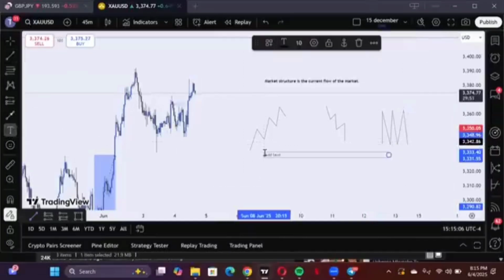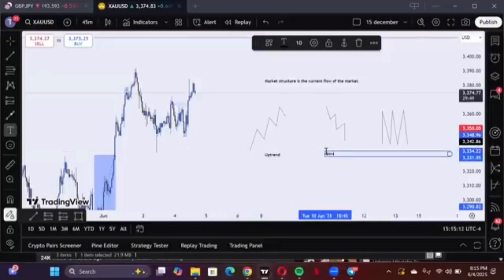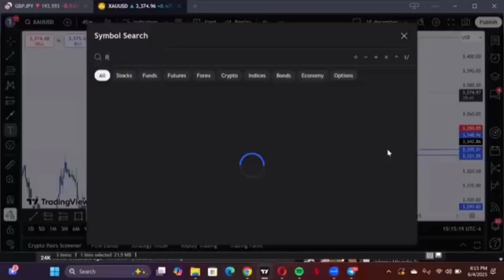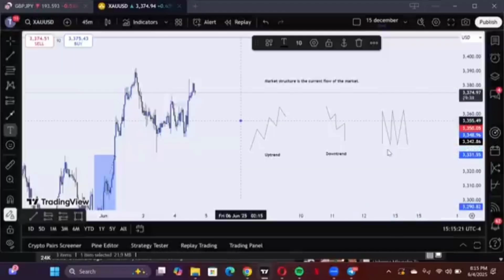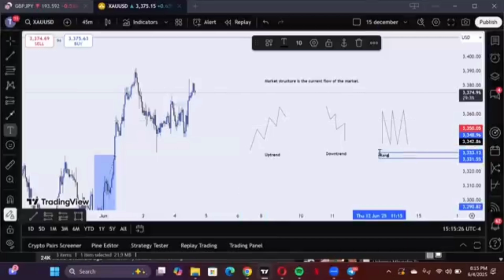Either it's on an uptrend, or it's on a downtrend, or is ranging.